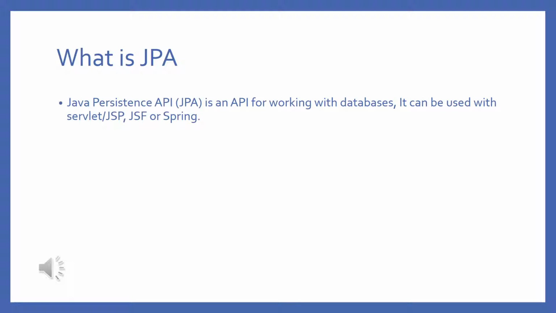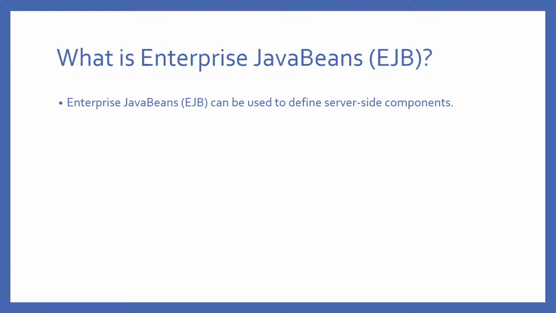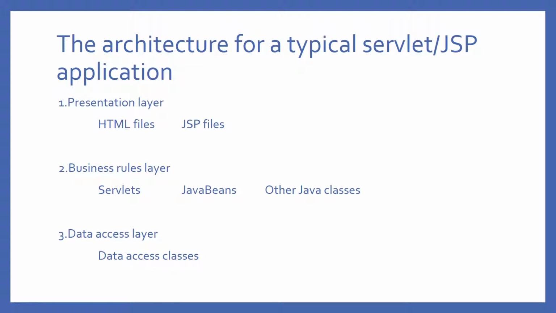Java Persistence API, JPA, is an API for working with databases. It can be used with Servlet, JSP, JSF, or Spring. What is Enterprise Java Beans, EJB? Enterprise Java Beans, EJB, can be used to define server-side components.